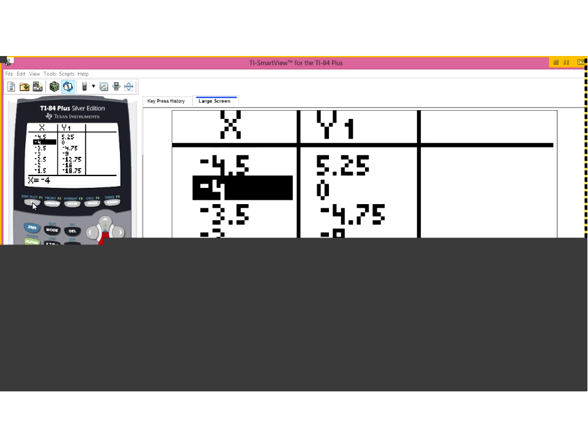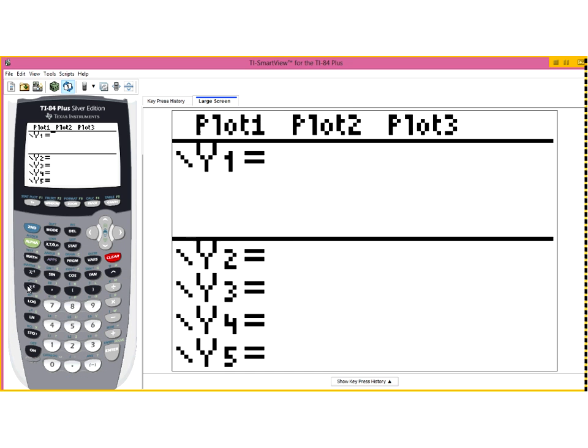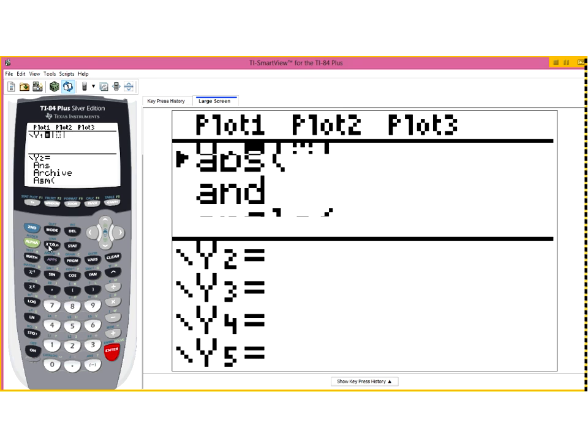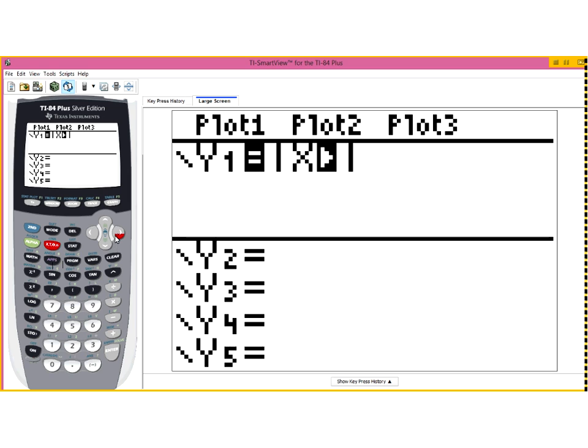I'm going to go to y equals. And if I go to catalog, catalog's right there, and ABS is absolute value. So the absolute value of x.